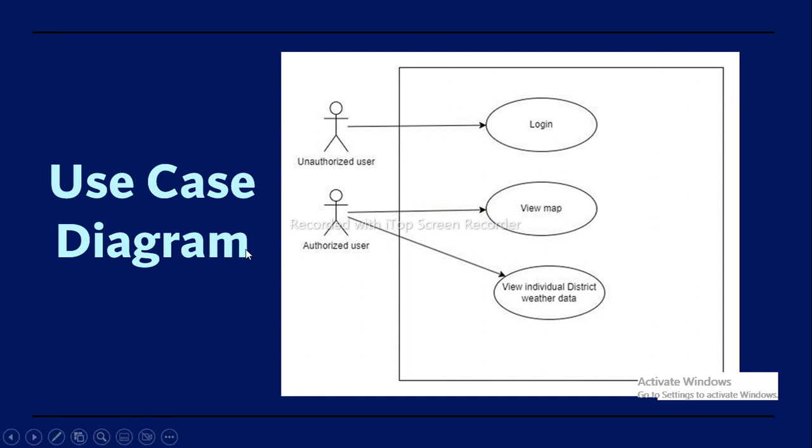Then let's say this is an authorized user, trying to log in with his credentials, and it will be successful because he is an authorized user. Once he has logged in successfully, he can access view map. He or she can view the map, click on a specific district, and view the weather data. So this is the basic idea of this use case diagram about the weather map.